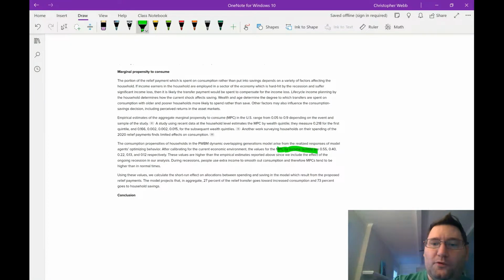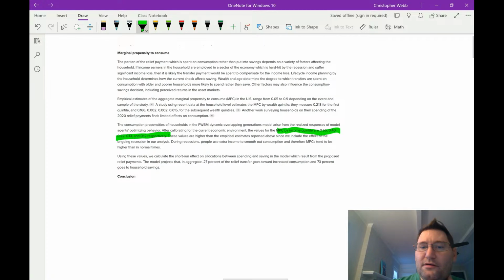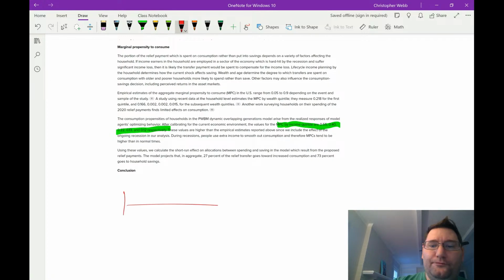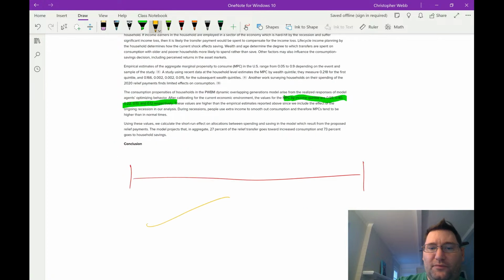Quartiles is this, respectively. What this means is that there is a spectrum, and as you increase on the spectrum from 0 to the final number, the marginal propensity to consume decreases.